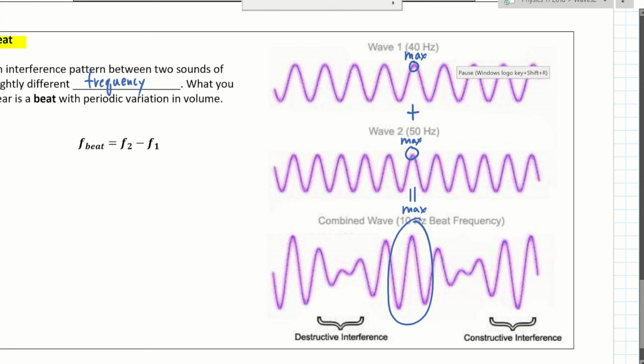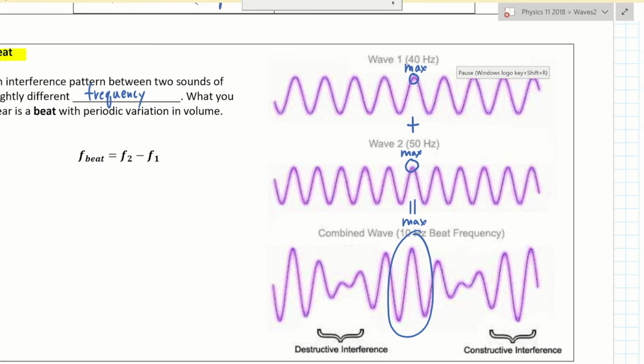When they line up perfectly, they create a reinforced sound that is even louder than each of them individually. But if the two waves do not have exactly the same wavelength, then somewhere down the line you're going to get something like this. Look at this point. At this moment, wave 1 is at a minimum, but wave 2 is at a maximum.